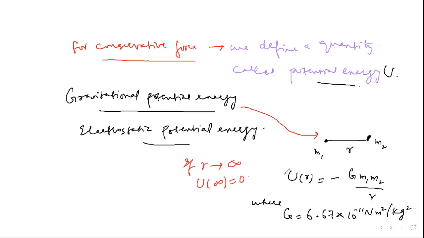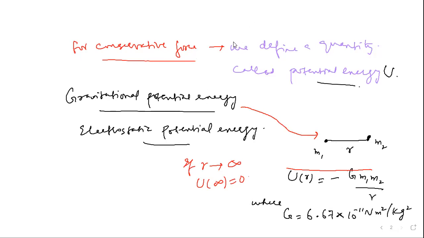I repeat, in this expression, it is assumed that when m1 and m2 are at infinite distance from each other, potential energy is zero, right?